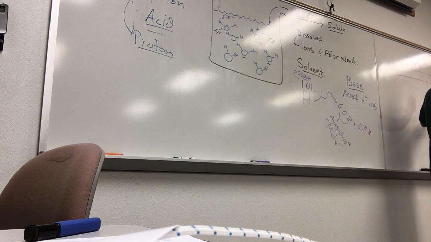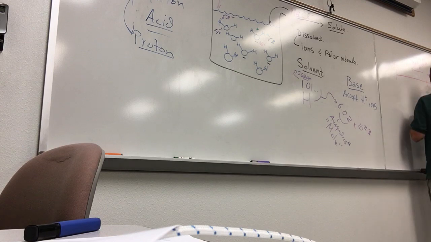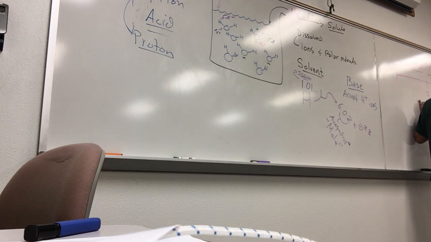And because this scale is a negative log, it's a base 10, every jump is going to be 10 times more acidic or 10 times more basic. So if I went from a pH of 7 to a pH of 6, 6 is going to be 10 times more acidic. Does that make sense?